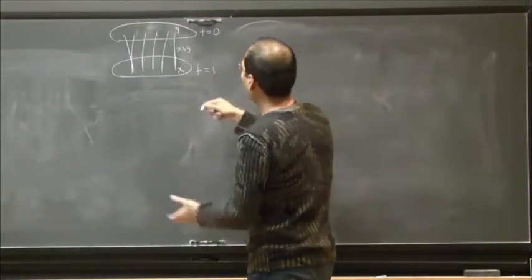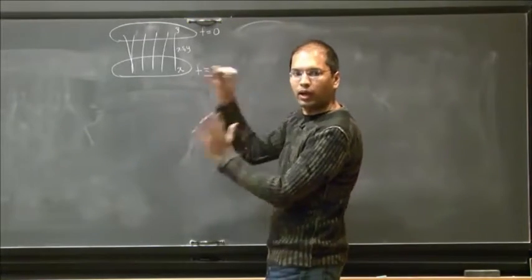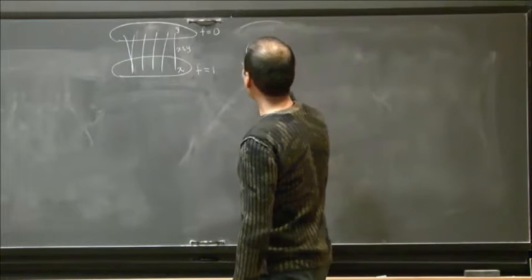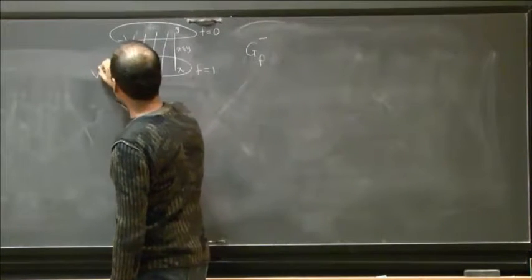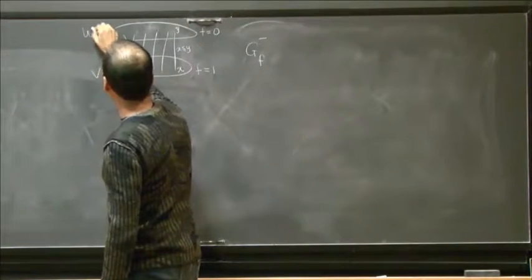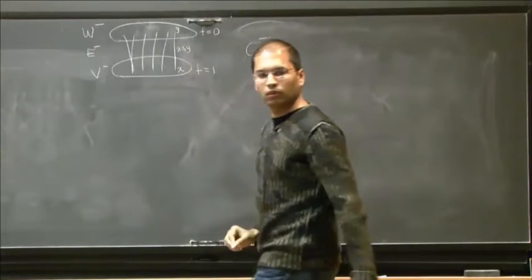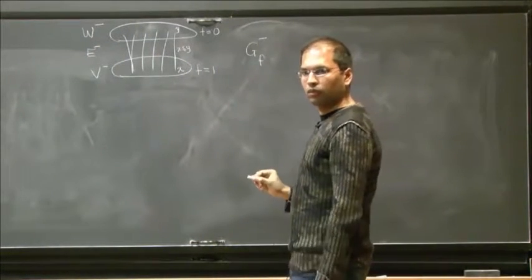So given any function, you can look at this graph. This is the graph of violating edges. Okay, and let's give it a name. Let's call it G_f minus. Call these vertices V minus, the vertices on this side W minus, and the edges E minus. Okay. Good.